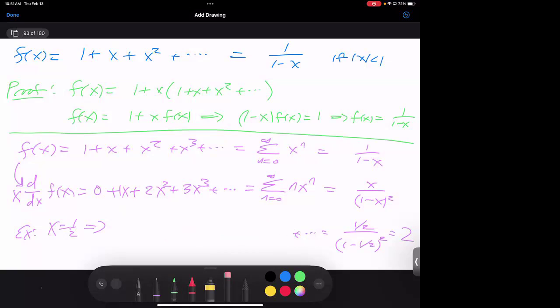That's the best way to make sure you don't make a mistake. So it's going to be 0 plus 1 over 2 plus 2 over 2 squared plus 3 over 2 cubed plus 4 over 2 to the 4th plus dot dot dot. Perfect. Thank you.